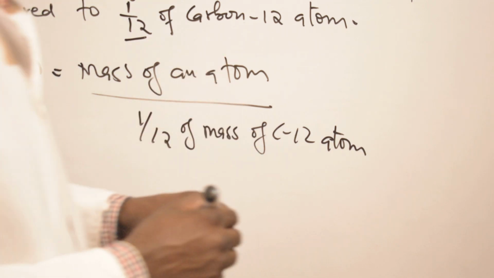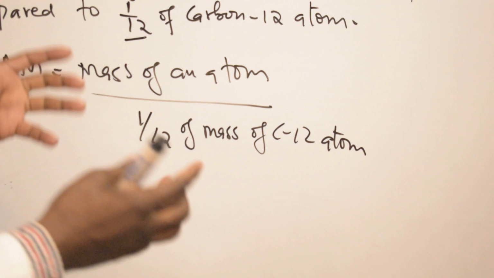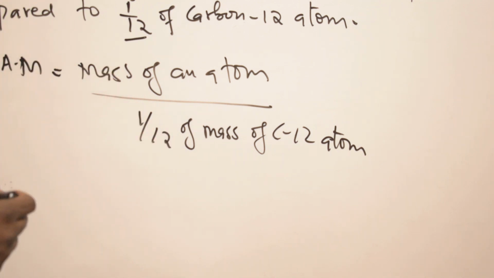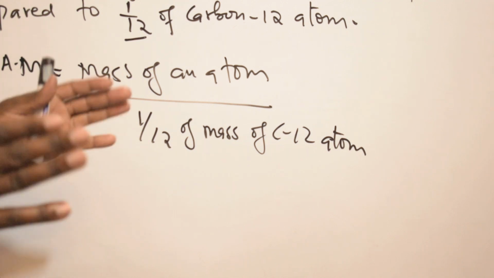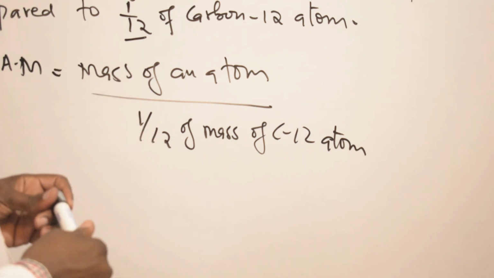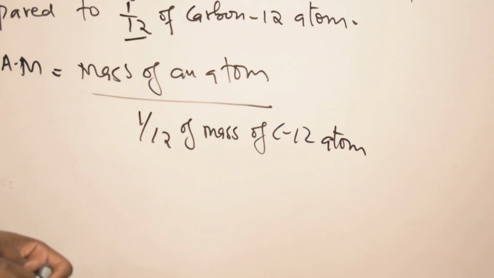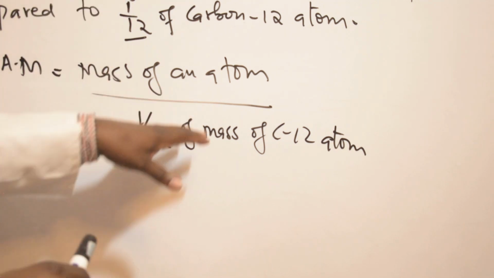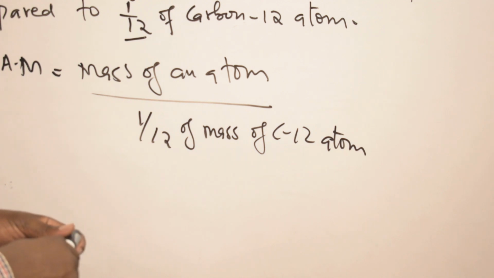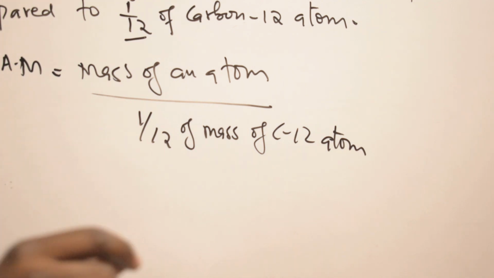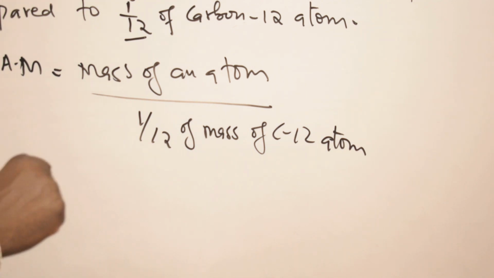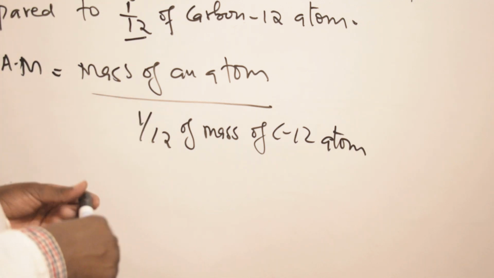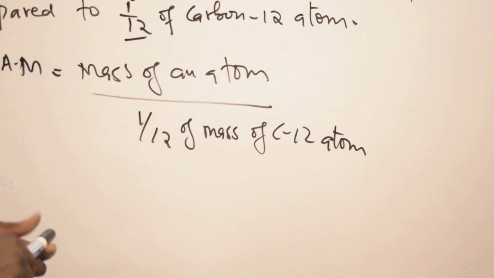Now, it's important to mention that there is some relationship between the relative atomic mass and the mass numbers. If you look at hydrogen, which was used to measure this, it was hydrogen-1 with a mass number of 1, which has only one proton.